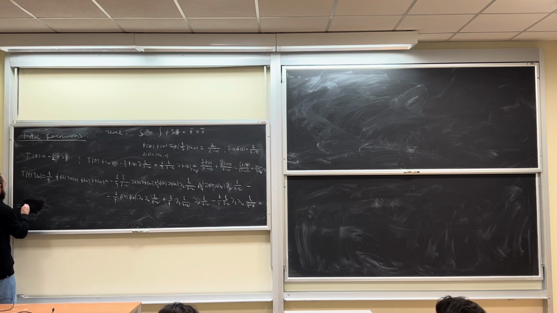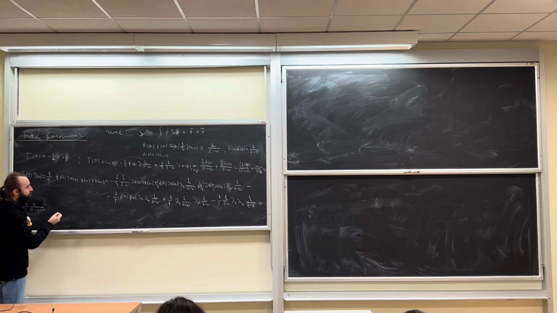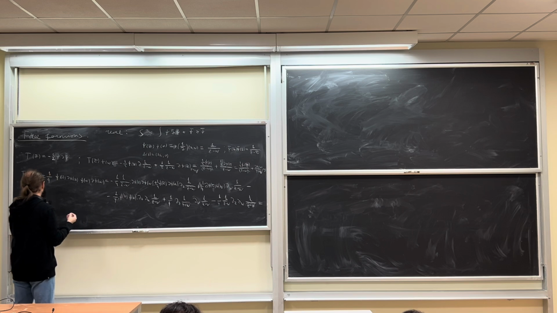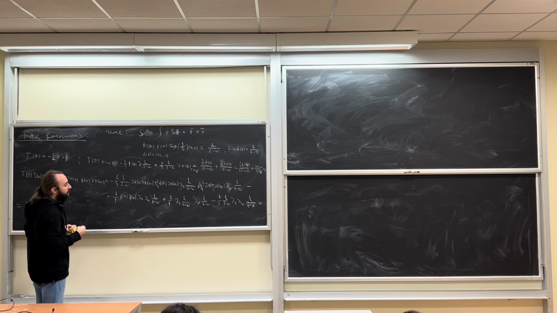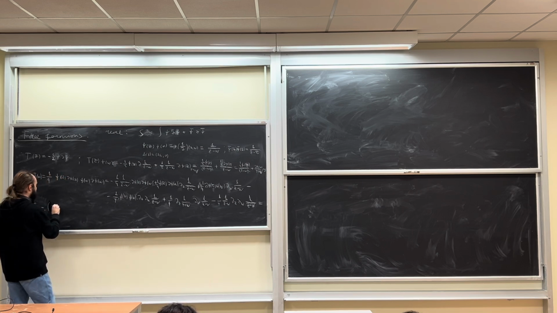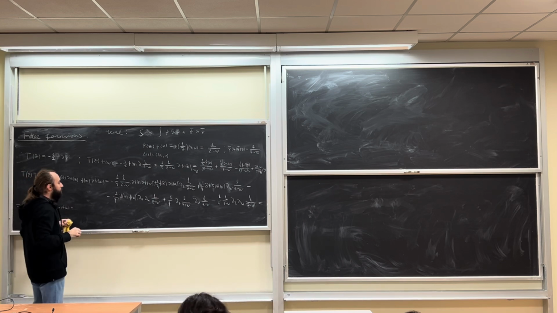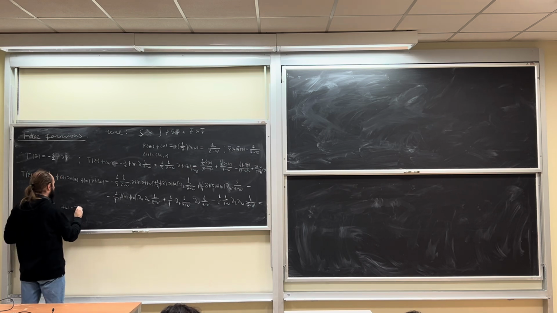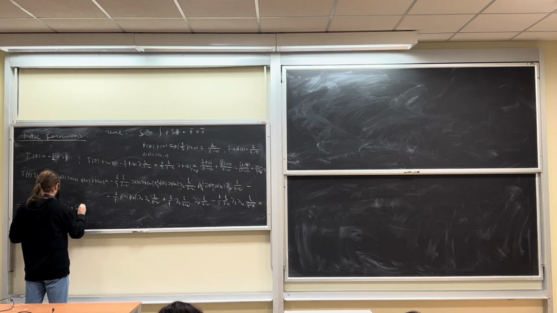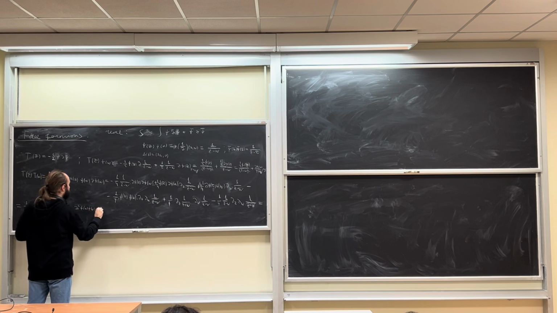So we have 1/4 1 over z minus w squared, and one term here is d psi of w, and another term is d squared psi of w, z minus w.